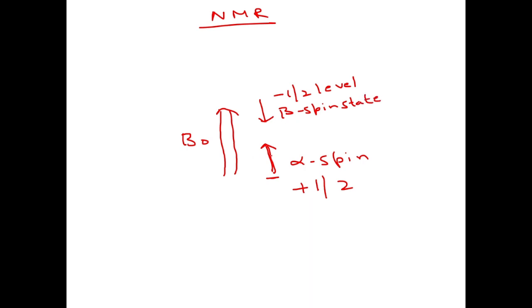Okay, so this nucleus, when placed in an external magnetic field, can have two orientations. One is with the field, and the other is against the field. With the field means it is also called alpha spin state and plus half state, and in this case there will be maximum attraction with the field, and lower energy.